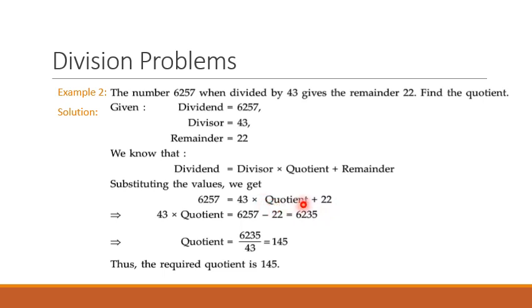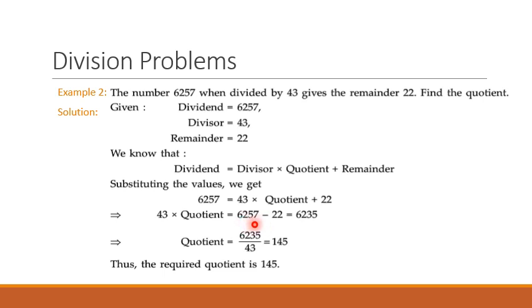Now since I have to find quotient, I write it separately. So 43 multiplied by quotient is equal to 6257 minus 22. So we have learned that when we change the sides, this plus on one side goes as minus on the other side. That's why we write here as minus 22.